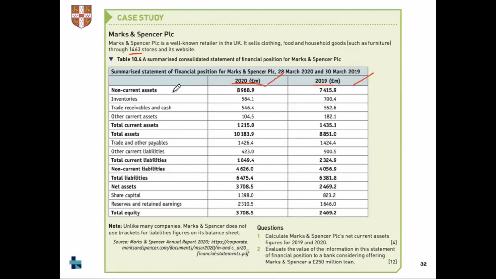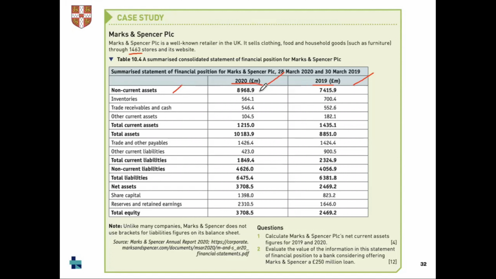So their non-current assets are listed here. It is not broken down for us. It just says non-current assets.